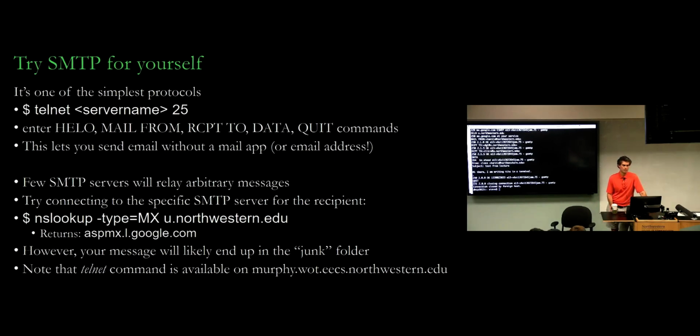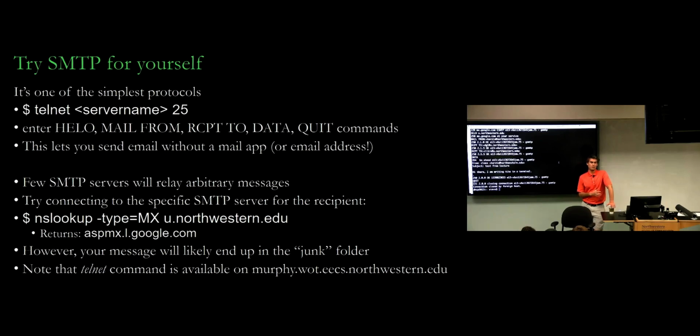When you first started, you searched up which servers can handle Northwestern things. Do you always have to search that for the emails you're sending to? Yeah. The reason I did that was because if I want to send an email anonymously to someone, and I connected to, say, Gmail, which is what Northwestern uses, and I tried to send an email to someone at Yahoo, the server would probably reject that message because it doesn't want to relay it.